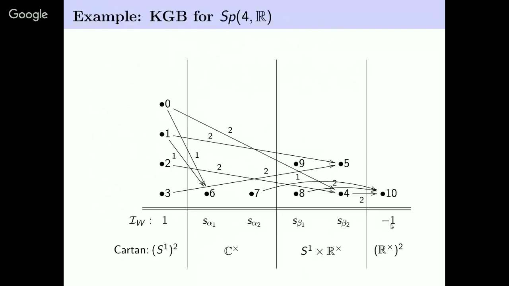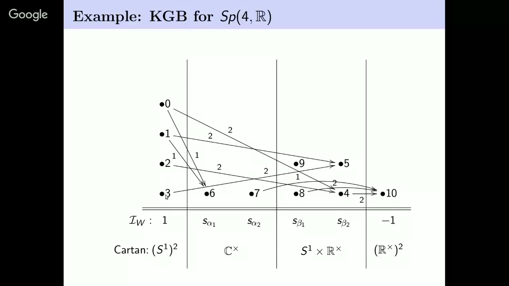And then there's the -1. And the corresponding Cartan subgroup is, well, if the involution is 1, the Cartan involution is the identity, that's the compact Cartan. And the short roots give you the Cartan, which is C cross. These give you the Cartan, which is S1 cross R cross. And -1 is giving you the split Cartan.